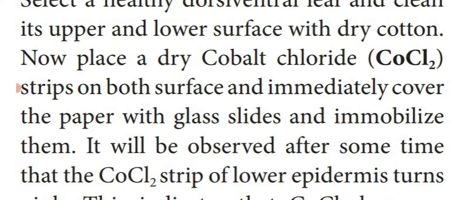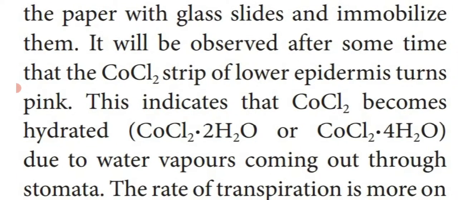It will be observed after some time that the cobalt chloride strip on the lower epidermis turns pink in color. So this indicates that cobalt chloride becomes hydrated. That means it absorbs the water molecules due to the water vapors coming out through the stomata.